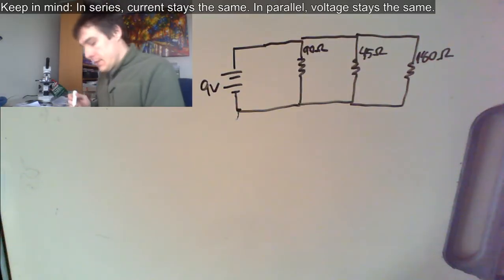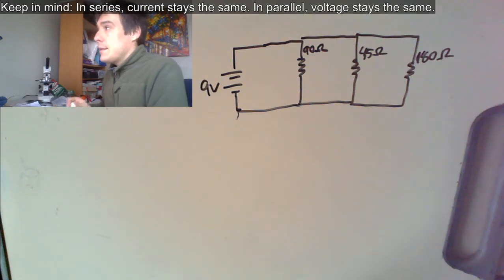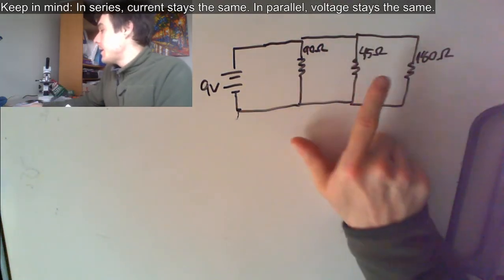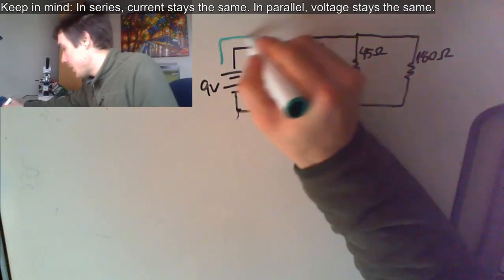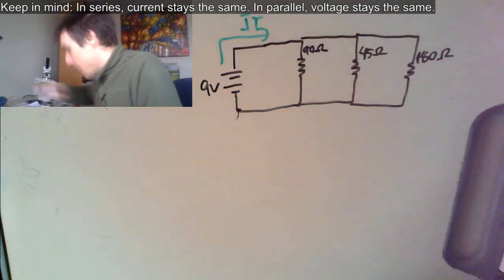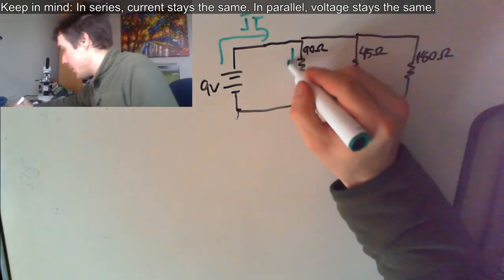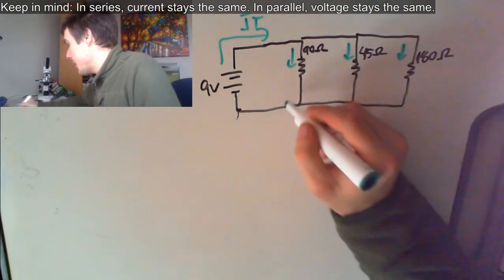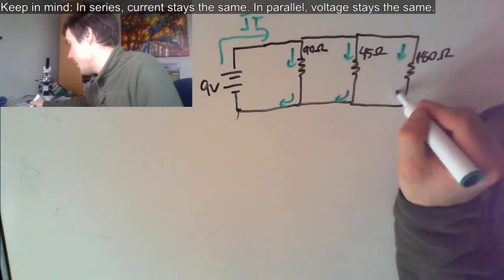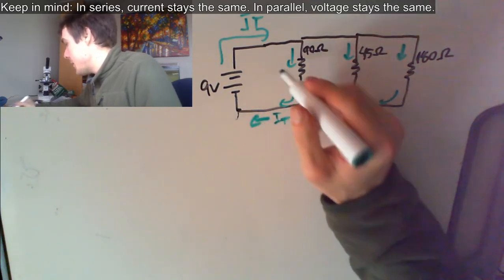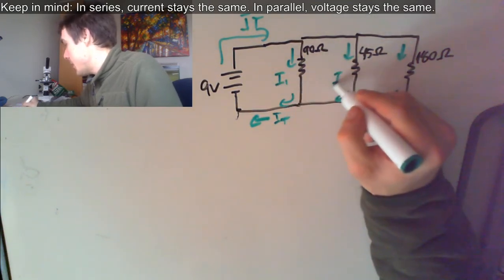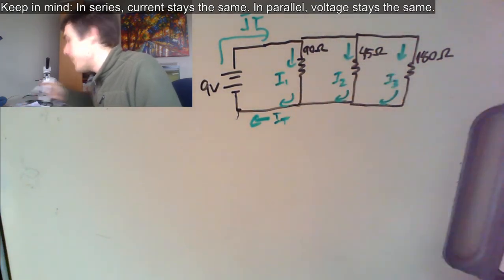Okay, so we're in parallel now. Here's the setup. We have 9 volts, 90 ohms, 45 ohms, and 180 ohms. In this case, the current is actually going to split. The total current IT is going to split into I1, I2, and I3, and then they're all going to come back together.